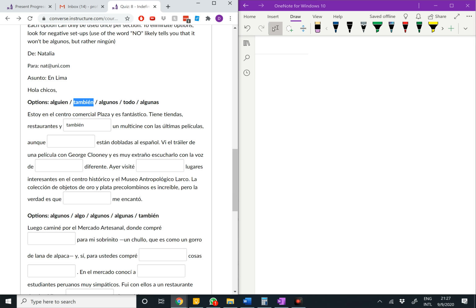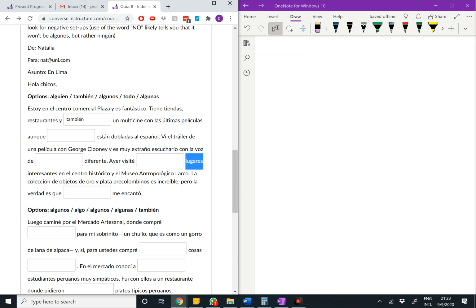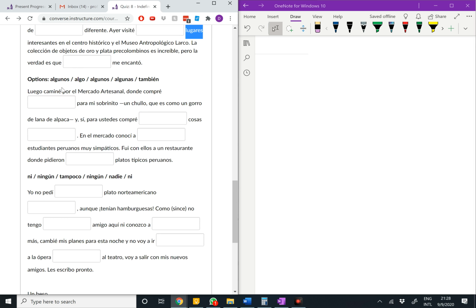So a key here would be to look at, if you're trying to decide if it's algunos or algunas, whatever word comes after, so lugares, for example, you're going to ask yourself, is that masculine, feminine, singular, plural? And that will decide if it's algunos or algunas. And down here, it's the exact same thing.